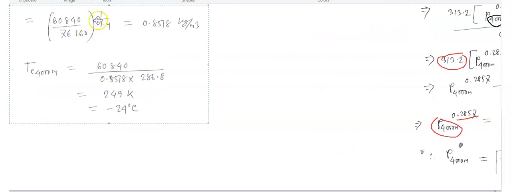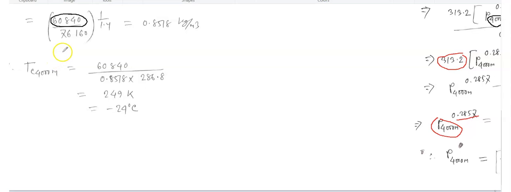So let's see. Now what we did, we just calculated the density. We substituted the pressure and all of these values, and we got the density. Then by using the formula, at 4000 meters, P equals rho R T, the general gas equation.